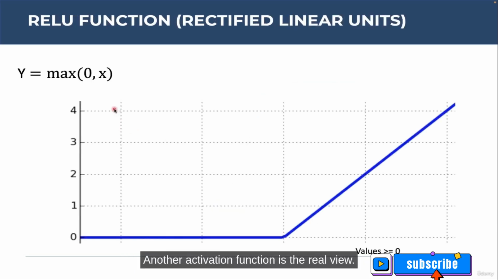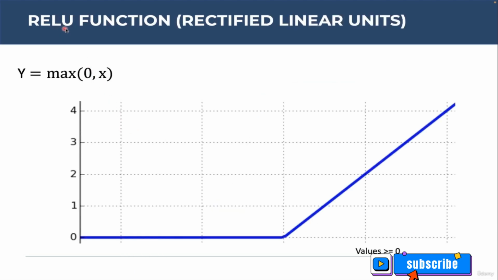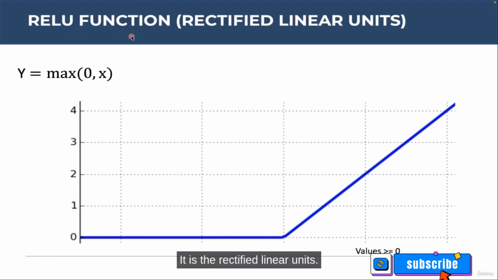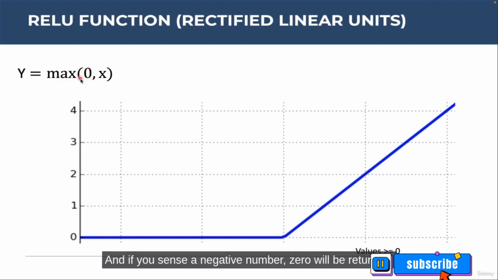Another activation function is the ReLU. It is one of the most used, especially in the hidden layers of the neural networks. It is the rectified linear units. The equation is quite simple. It will return the max value, and if you send a negative number, 0 will be returned.